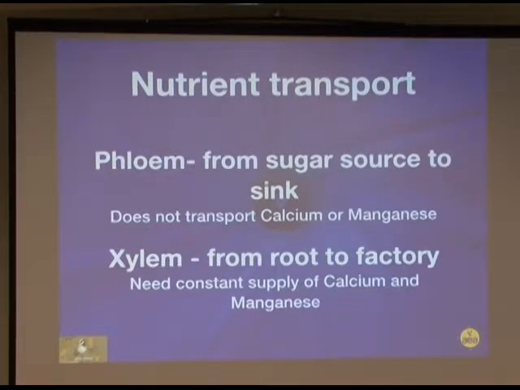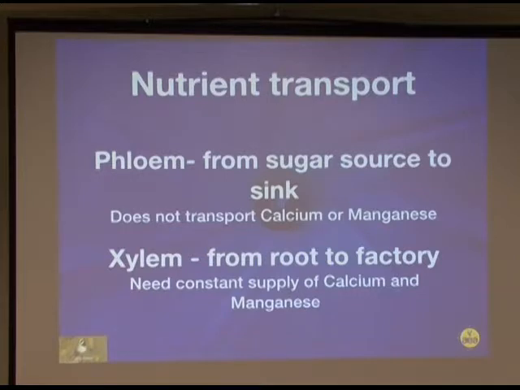So this xylem transport is the only real source that the plant has of calcium and manganese. What this means is calcium and manganese are particularly important for very high fruit quality and for very vigorous and disease-resistant new growth.